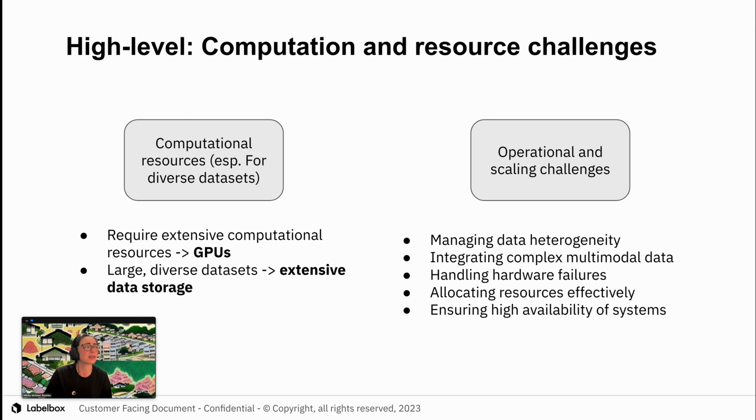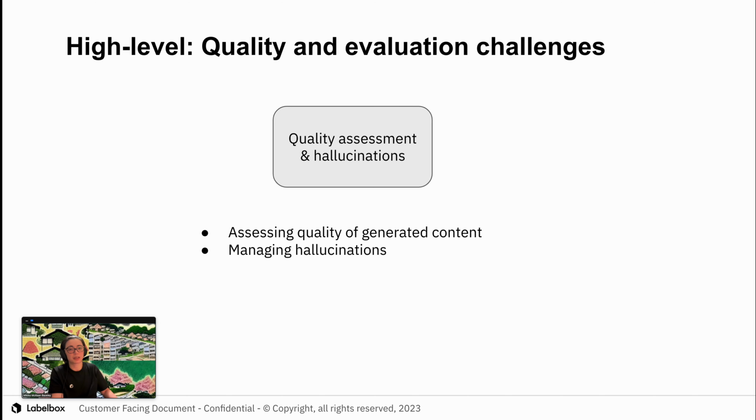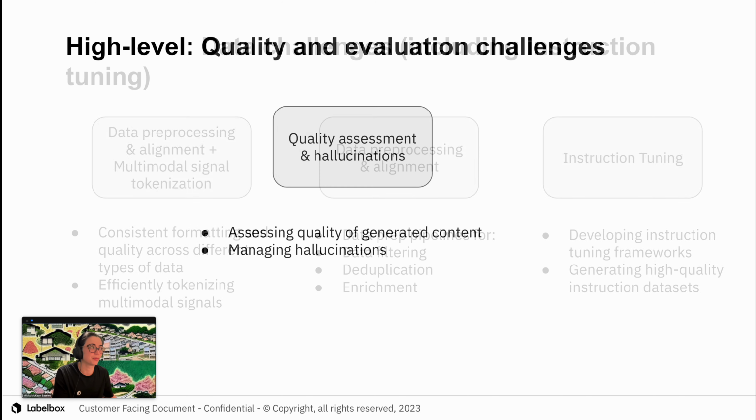There are also scaling challenges: you have to manage so many different types of data sets, manage the labels, and handle the failures that can happen when you're running a multimodal model. You have to make sure they're highly available, because a lot of times they're hidden behind a chatbot, and it's expected that they would be ready, available, and easy to use. Those are things that have to be considered. We already talked about quality and evaluation challenges. How do you know if it's going well?